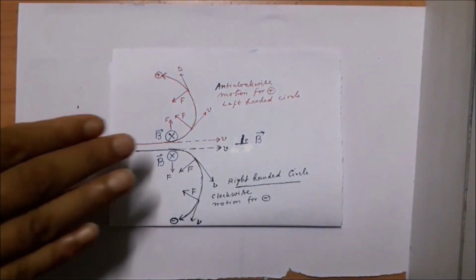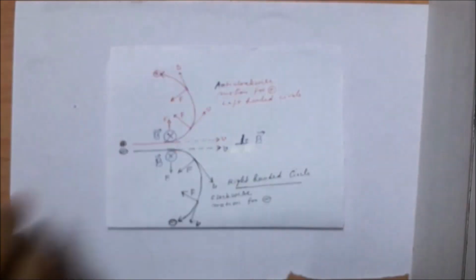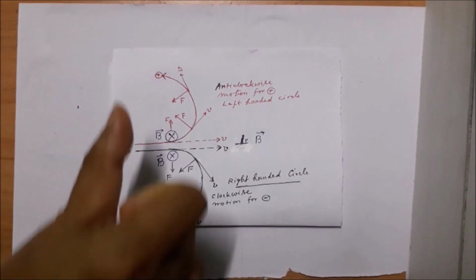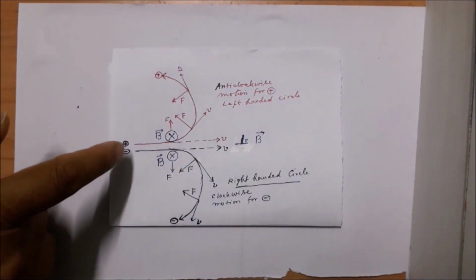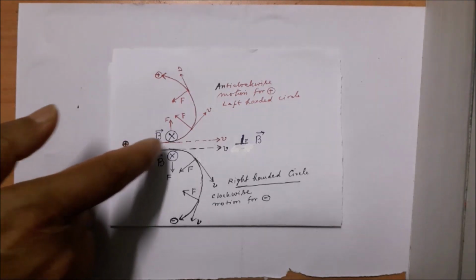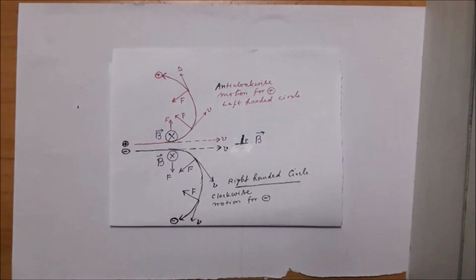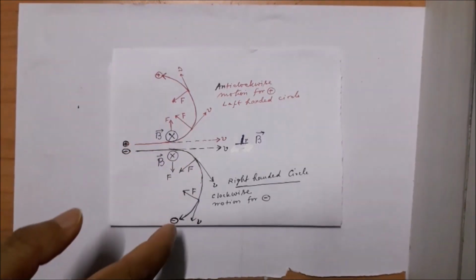So the positively charged particle will enter and it will just bend in this direction. So this is the track of the positively charged particle due to this Lorentz force, and obviously the track of the negatively charged particle will be in the opposite direction. So this is the track of the negatively charged particle. Now it is clear that this is anti-clockwise motion, but this is clockwise motion.